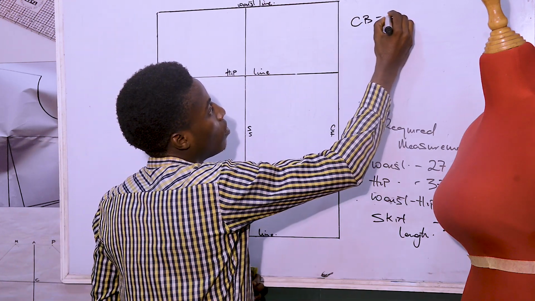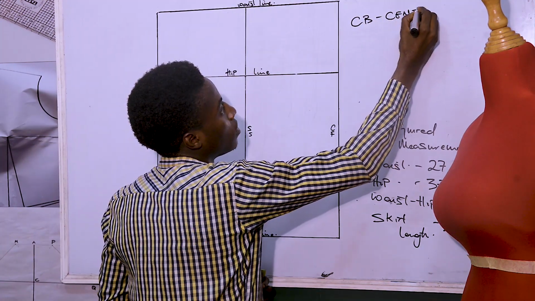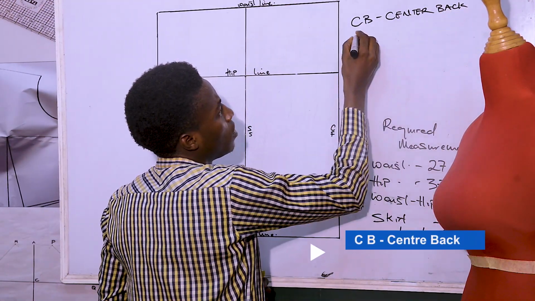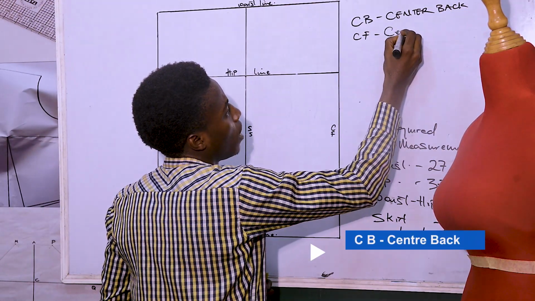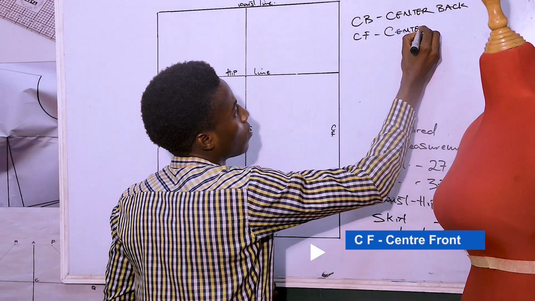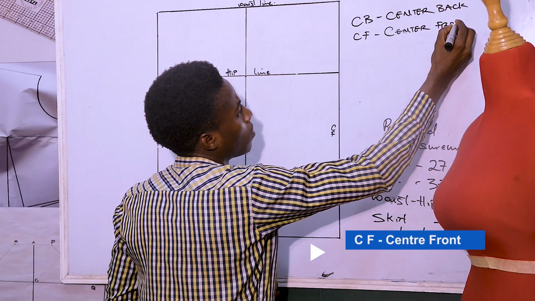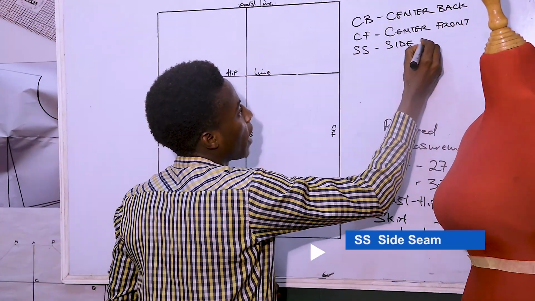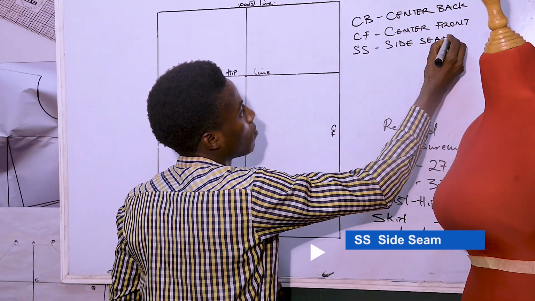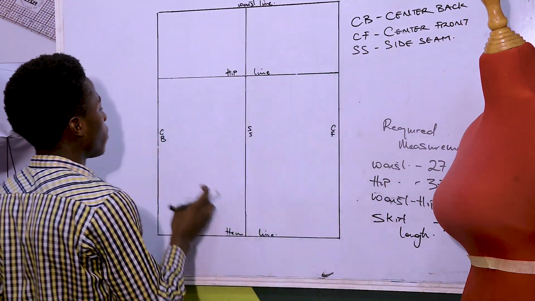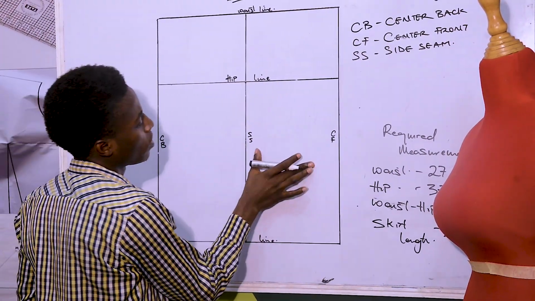CB, which is the center back, CF as the center front, then SS, side seam.